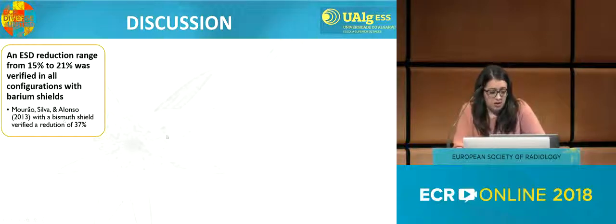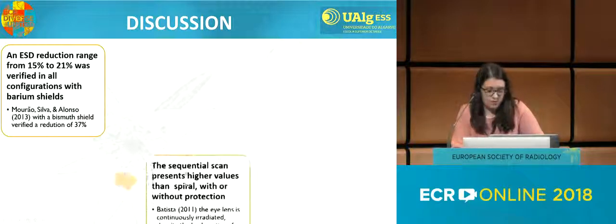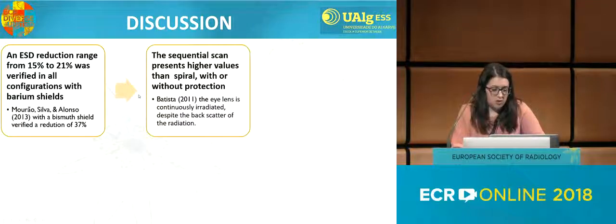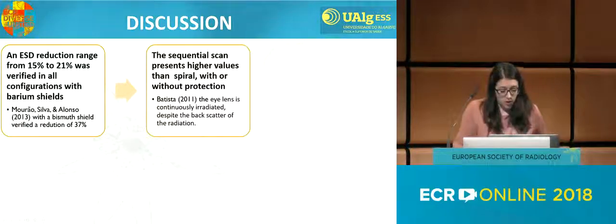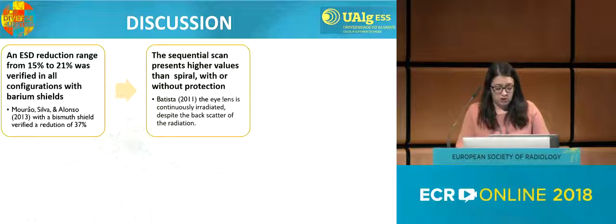Discussion. An ESD reduction range of 15 to 21% was verified in all configurations with barium shields. This author verified a reduction of 37%, a little higher. The sequential scan presents higher values than spiral, with or without protection.